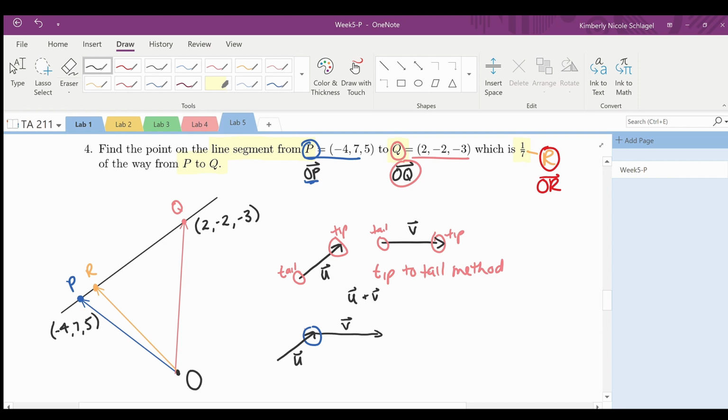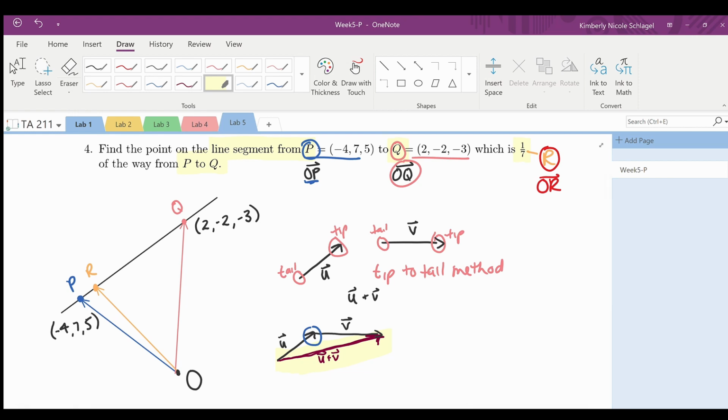And that makes sense because we have the tip of U touching the tail of V, and the resulting vector, U plus V, is going to be right here. So our resulting vector, adding them together, is taking me from here all the way over to here. This vector, U plus V, represents adding the vector U to the vector V.